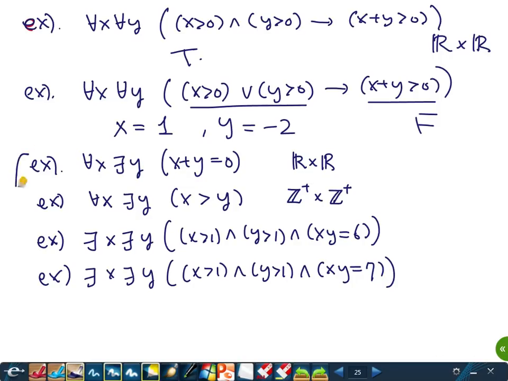So these 4 problems, I'm going to give you 2 minutes to solve this. Good question.